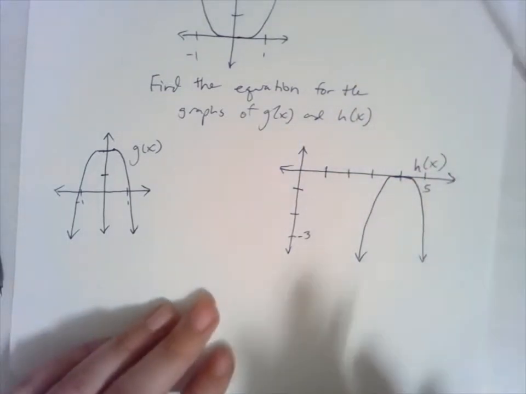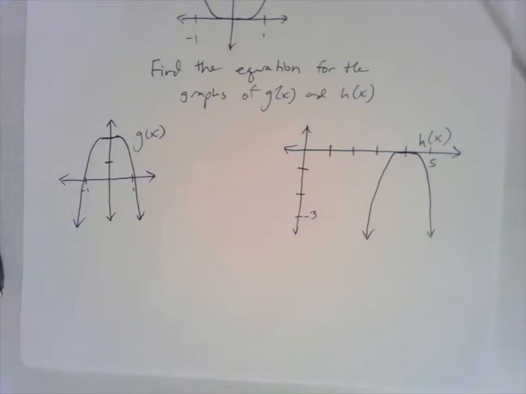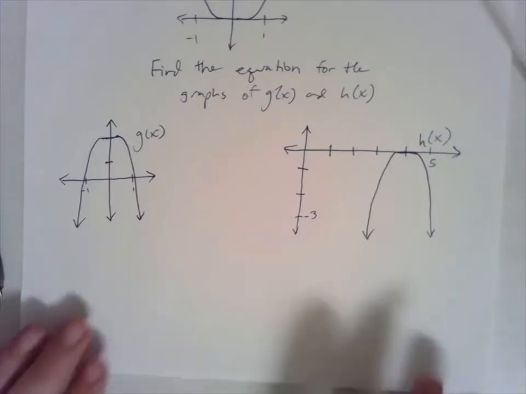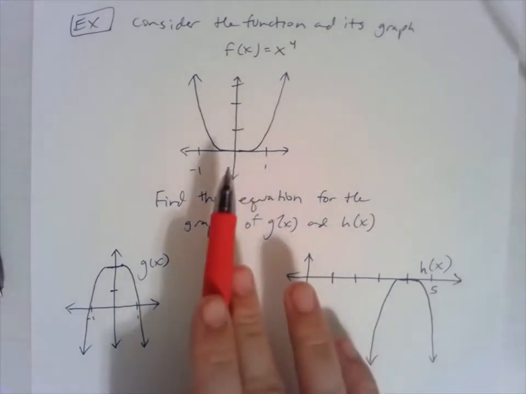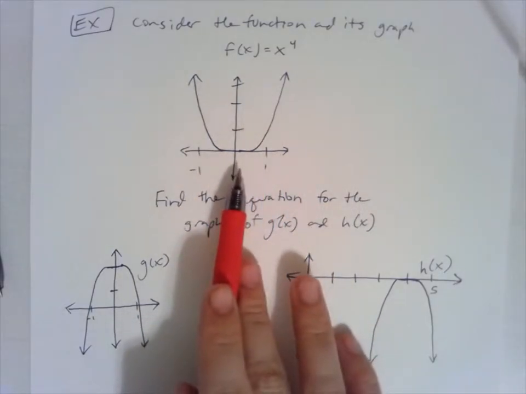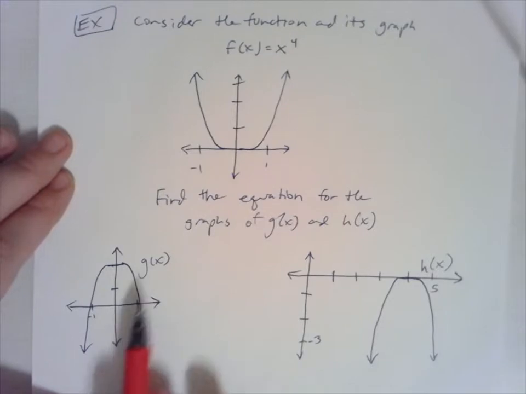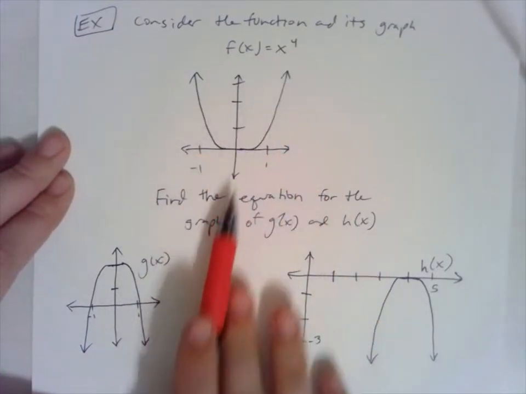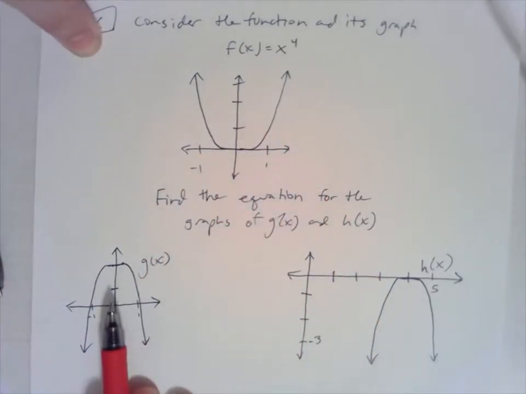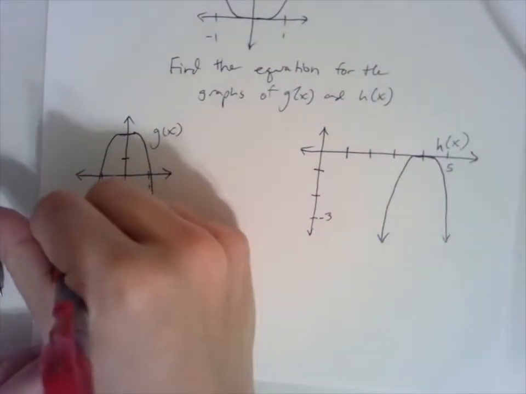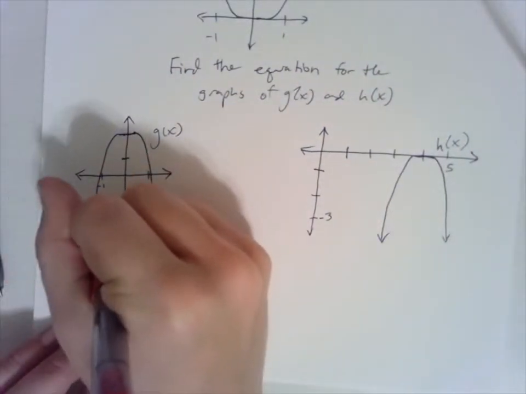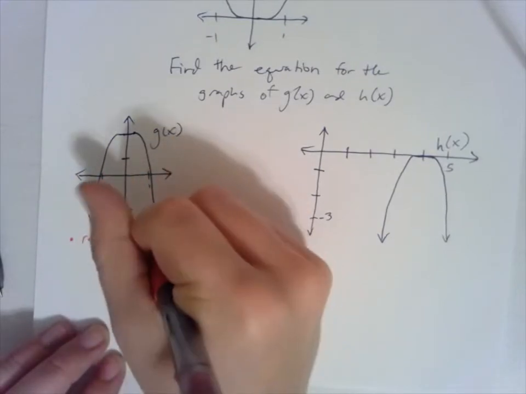We know that x to the 4th by itself looks like this, and to get from x to the 4th to g of x, we did a few things. The first thing we can see is that we reflected x to the fourth over the x-axis.